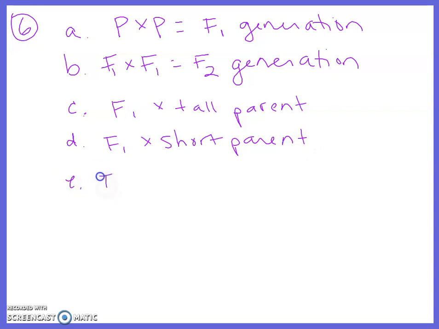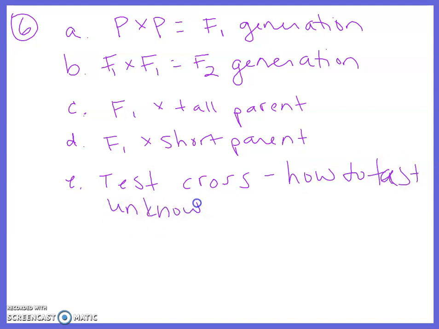Part E is looking at a test cross. This is how a scientist can test an unknown dominant phenotype. So you're going to do two Punnett squares. If the dominant phenotype was homozygous dominant, then you'll do a Punnett square to show that and report what the phenotypes are.